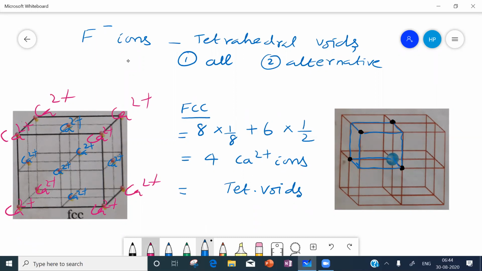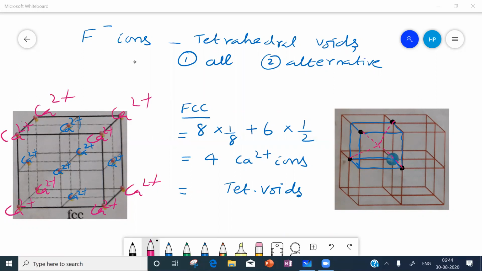Now we will go for a tetrahedron. From this point, we will draw a line to the center of this small cube. From the center of the small cube, we will make a line to this position, to this one, and to this position.